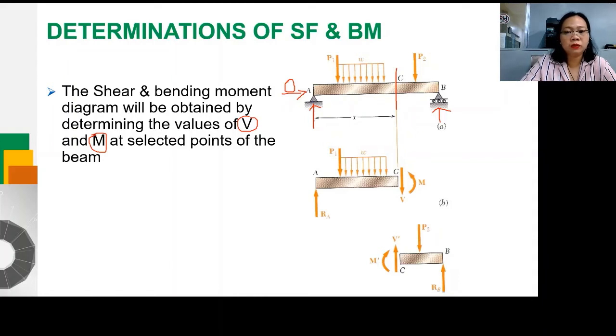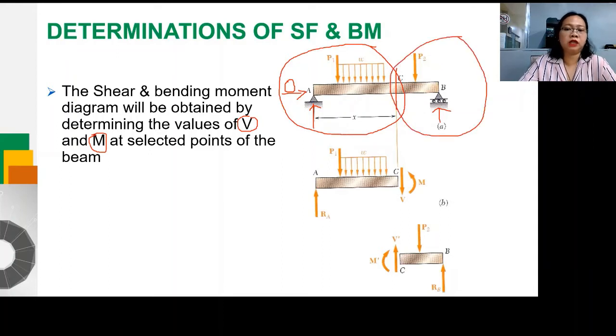So what will you consider? This portion or that portion? Which is easier? Just by looking, of course, you can see that B is easier. Why?